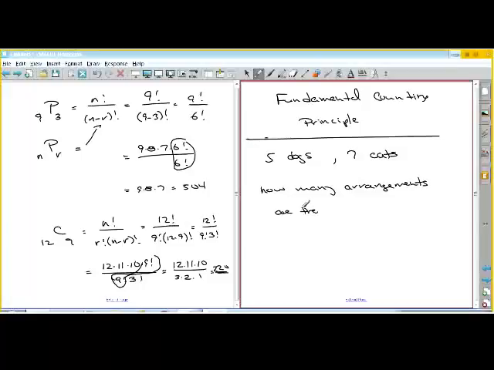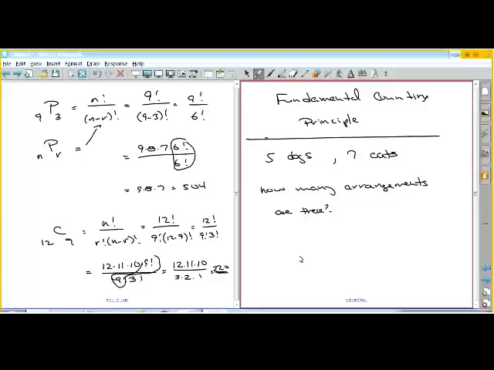And in this case, the order is not important because if you pick one dog and a cat, it's still the same cat and dog. So you would want to take that into account.